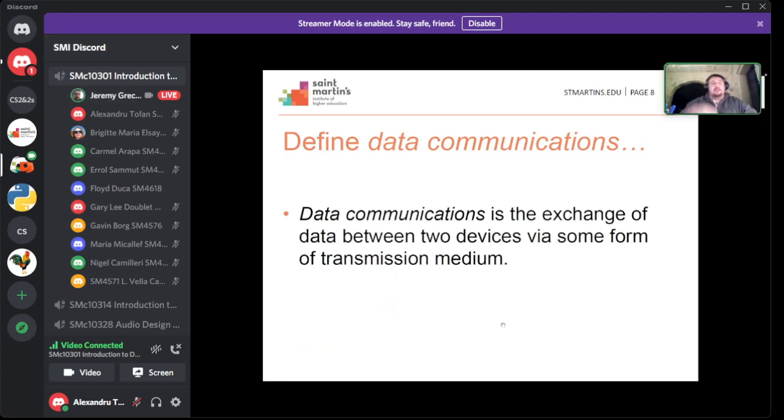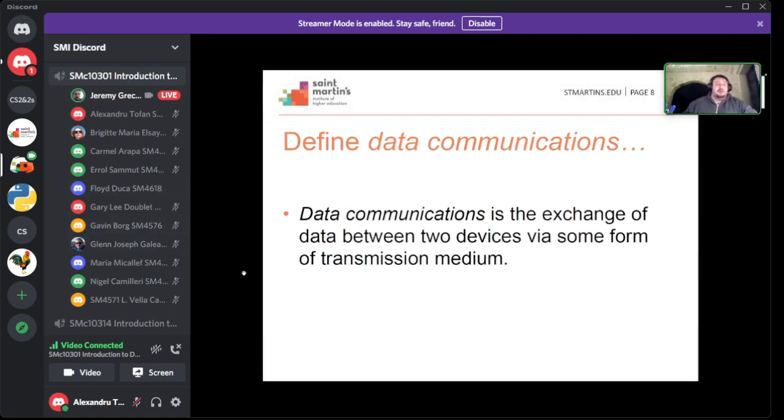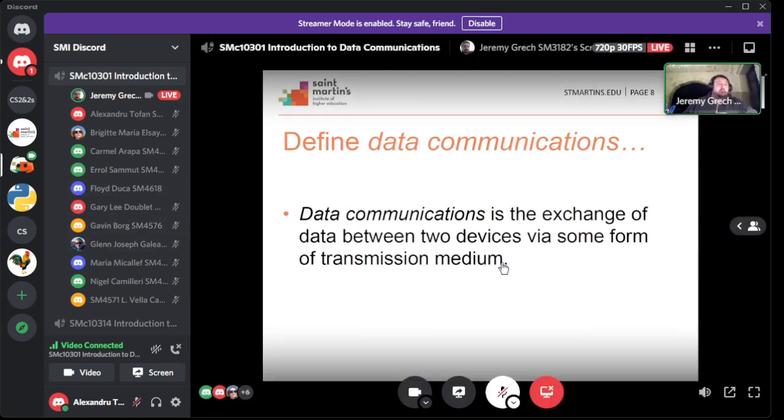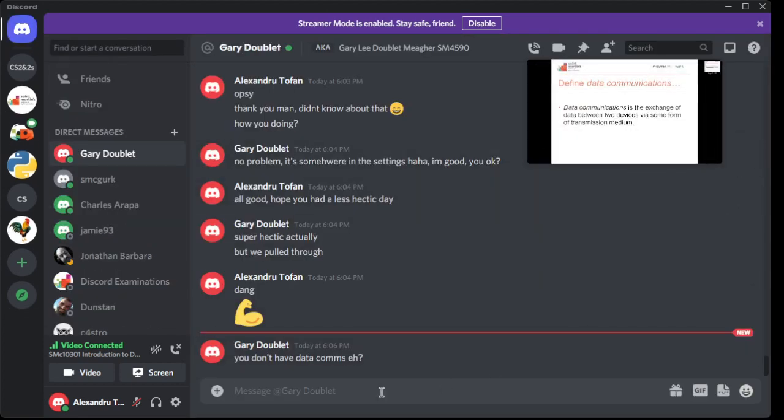So in our case, what we really are interested in is how we communicate data with others. Particularly, we're going to be talking about how data is exchanged between two different devices via some form of medium.